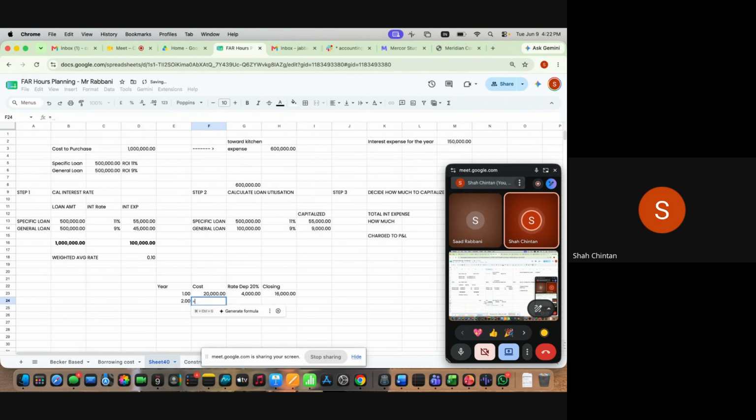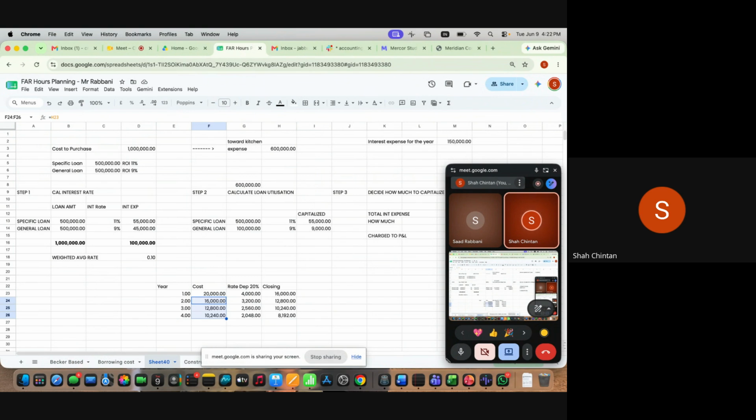In year 2, you will not charge depreciation on 20,000, which is your original cost. Rather, you will charge depreciation on your reducing balance, which is the closing balance of the last year. Then you get to year 3, you do the same thing. Then you go to year 4, you do the same thing till the time your asset is depreciated. So if you are taking a reducing balance as your basis, it is called a declining method or a written down value method.